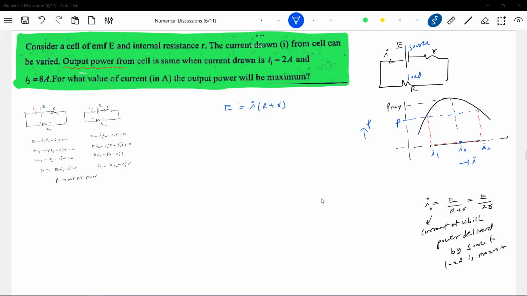Answer will be 5. We'll substitute the value of R. Value of R where? Rishika? Equate P naught values, sir. Okay, we'll get E and R values. Then what is I0? I0 should be E by 2R.